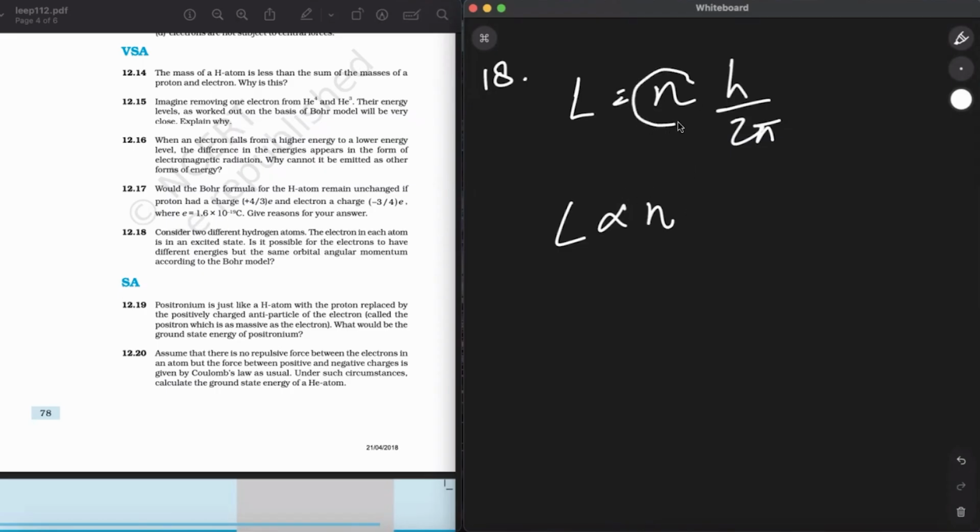Being in the same orbit, n will be constant, so you cannot have different values for angular momentum. So this is not possible.